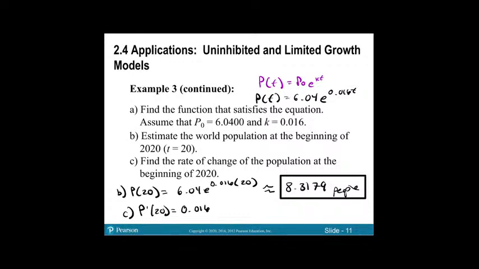So we're going to take that answer and multiply it by 0.016. So at that moment, the population should be growing at a rate of 13.3086.